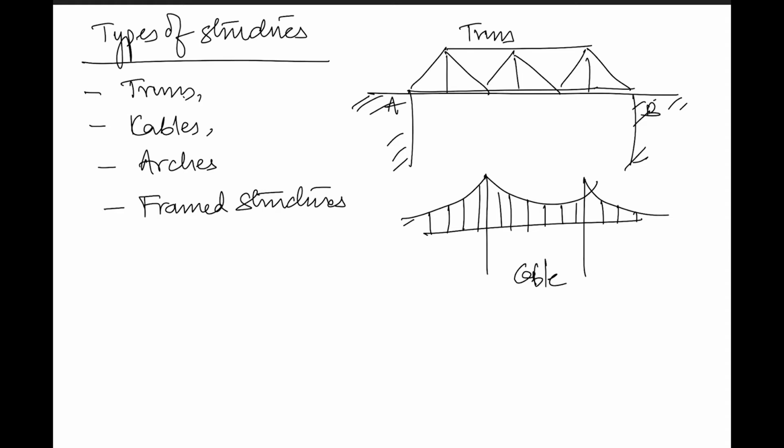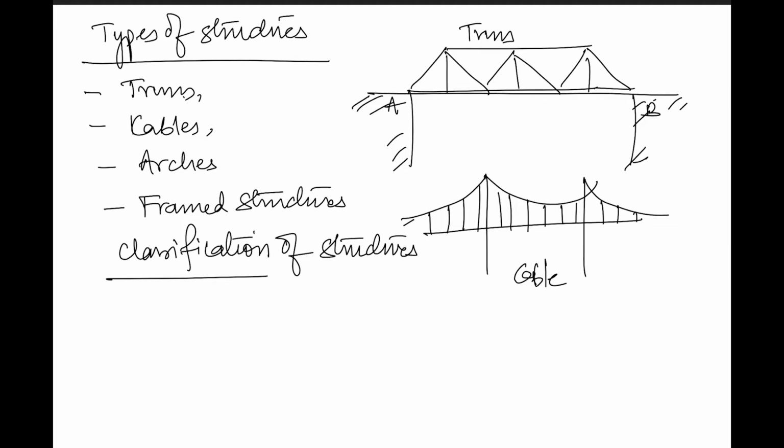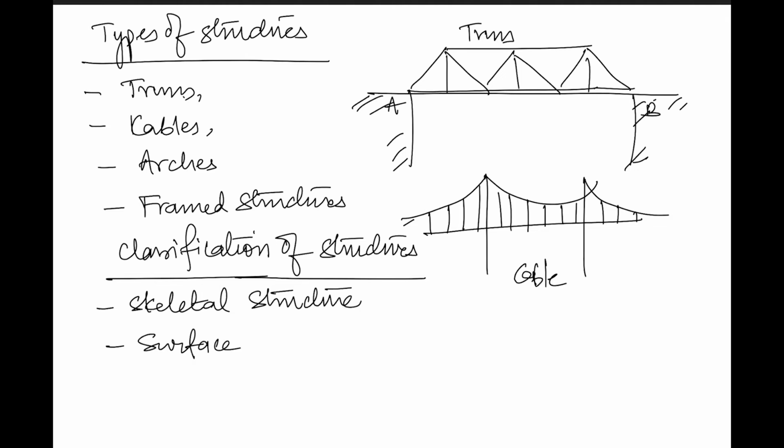Based on this, there's a classification on how the structures are classified. So what is the classification? Classification of structures, if you will. The structures can be a skeletal structure, they can be a surface structure, or they can be a solid structure.